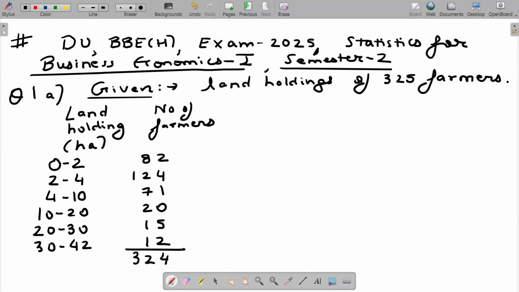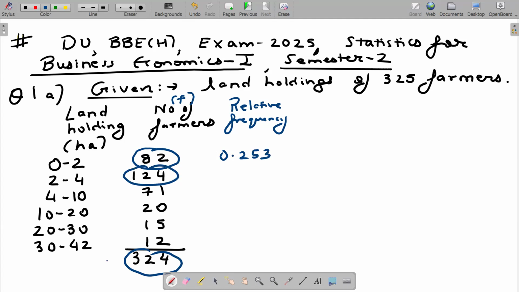Let us now calculate the relative frequencies. These were my frequencies. How do I calculate the relative frequency? It is the frequency of that class over the total frequency. So 82 divided by 324 comes out as 0.253.